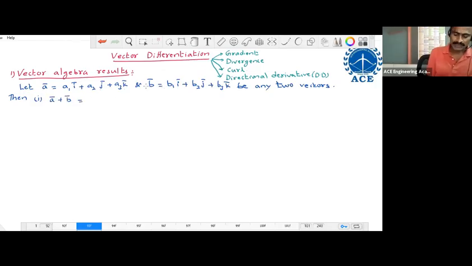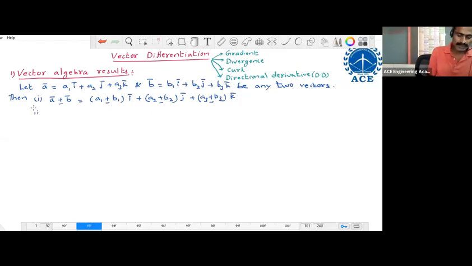So A bar plus B bar equals (A1 plus B1) I bar plus (A2 plus B2) J bar plus (A3 plus B3) K bar. Again, if you want to find the difference of these two vectors, then just replace the plus with minus, that's all. For plus, plus, plus; for minus, minus, minus.